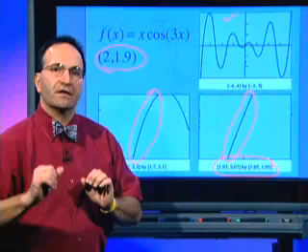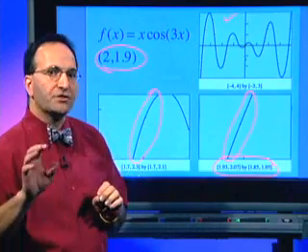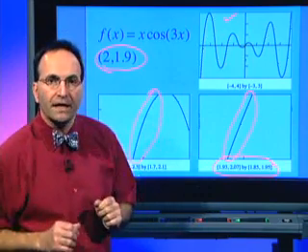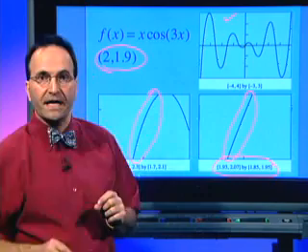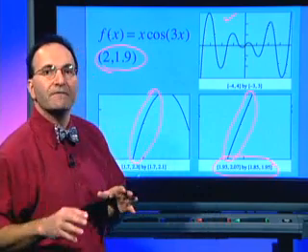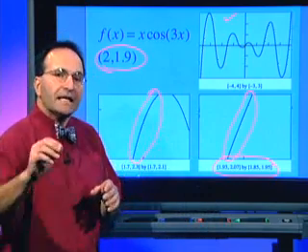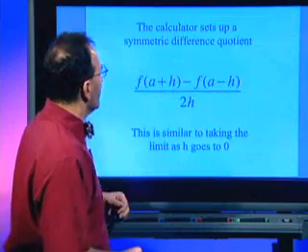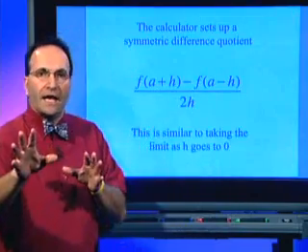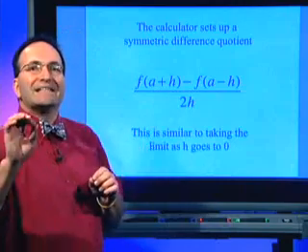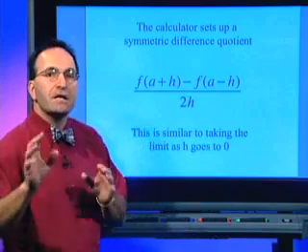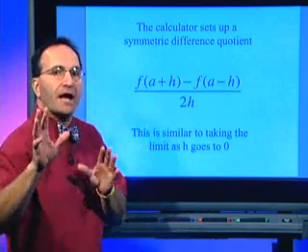Some graphing utilities, like your graphing calculator, can approximate a derivative numerically with fairly good accuracy at most of the points in the function's domain. Let's see how we might actually do this. The calculator sets up what's called a symmetric difference quotient using a really small value for h.